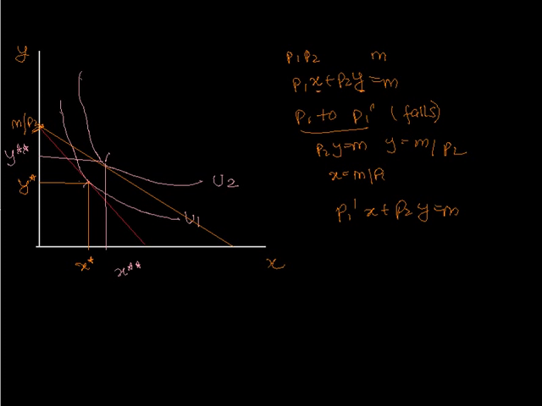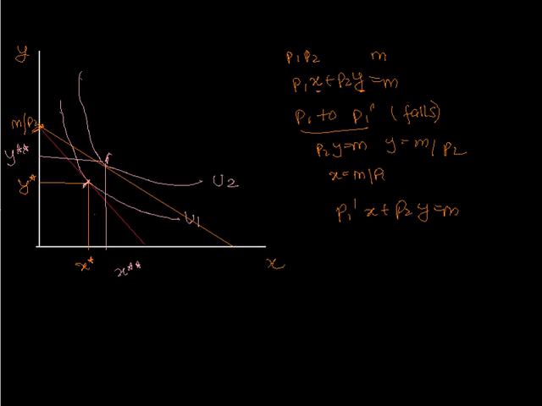So when you're moving from the earlier equilibrium to the new equilibrium, this movement could be viewed as being composed of two effects. First, the change in the slope of the budget constraint will motivate you to move to the new point.